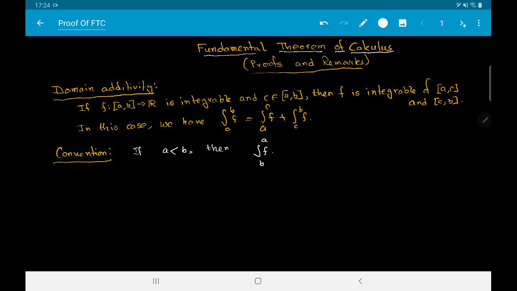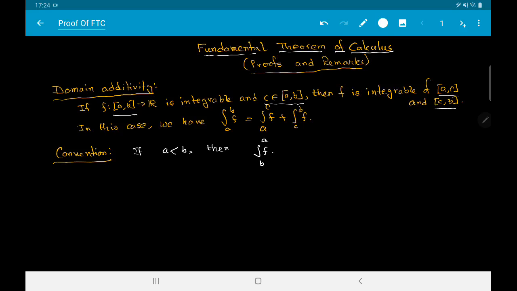Okay, so let's recall what domain additivity says. Here we have taken only one part, which will be required to prove the fundamental theorem of calculus. And what is the part? If f is an integrable function on the interval [a,b], and if c is a point in the closed interval [a,b], then f is integrable on the subintervals of [a,b] given by the closed intervals [a,c] and [c,b].